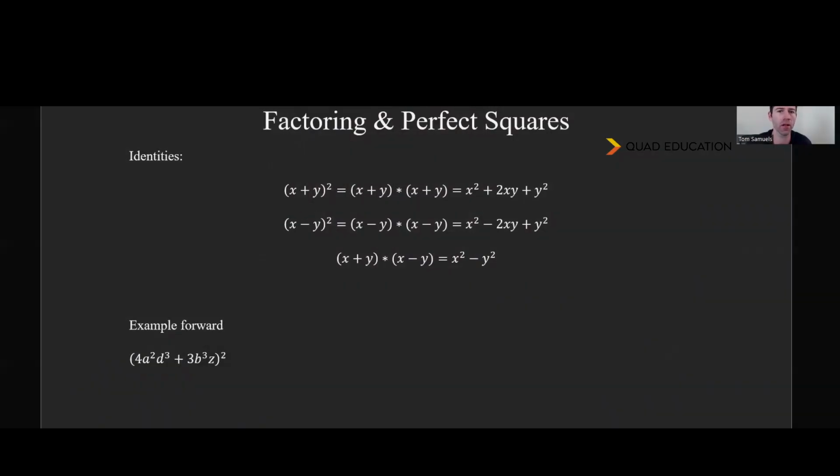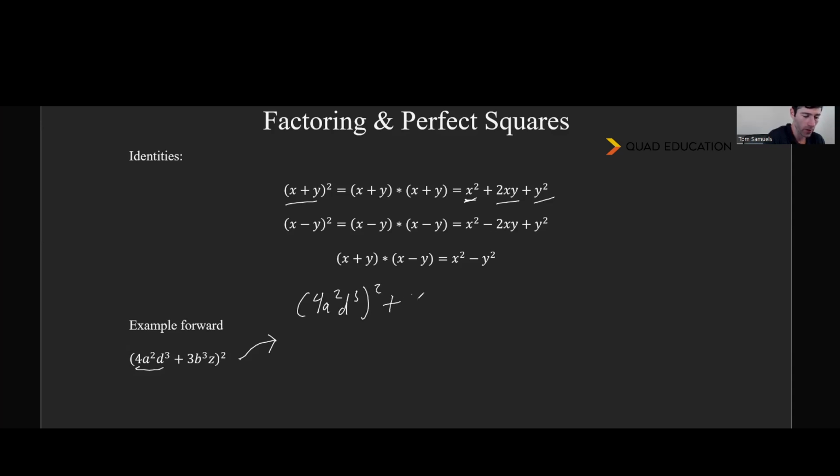So, as promised, let's take a look at a concrete example and see if we can get some context here. Looking again at our property, x plus y squared is equal to x squared plus 2xy plus y squared. In this example, we have 4a squared d cubed plus 3b cubed z, and we're going to square that whole thing. First, we take the first item, 4a squared d cubed, and we're going to square that.